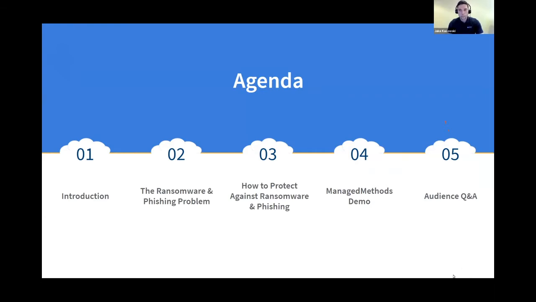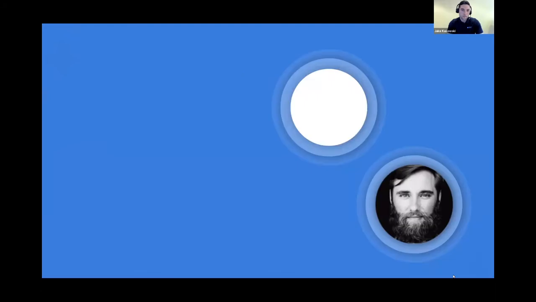Then I will have a discussion with our panelist, Greg Hogan, on how to protect against ransomware and phishing. Then we'll move into a brief ManagedMethods demo where my colleague will give a demo of the platform. And then we'll move into an audience Q&A for the last 15 minutes or so. We'd like to answer any questions you all have. I'm sure Greg can pop in and answer those questions as well. So let's get into it.